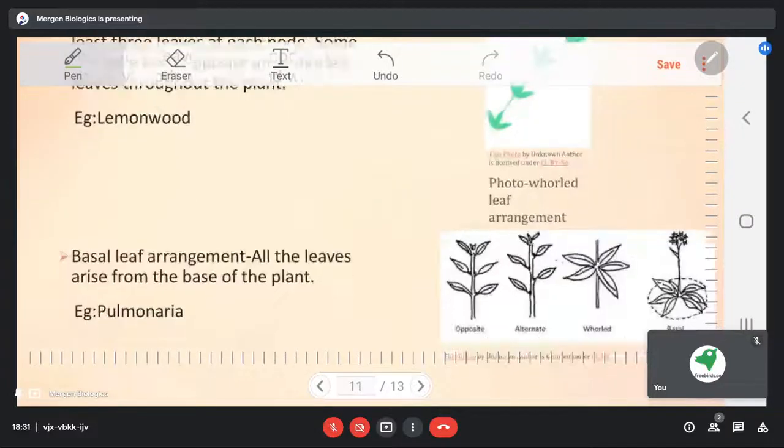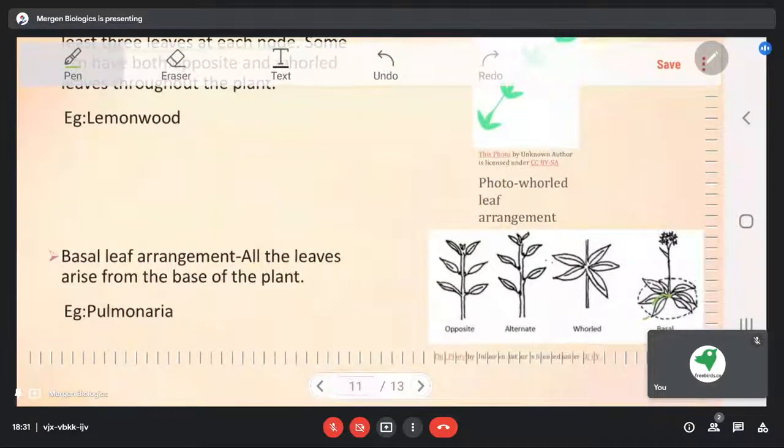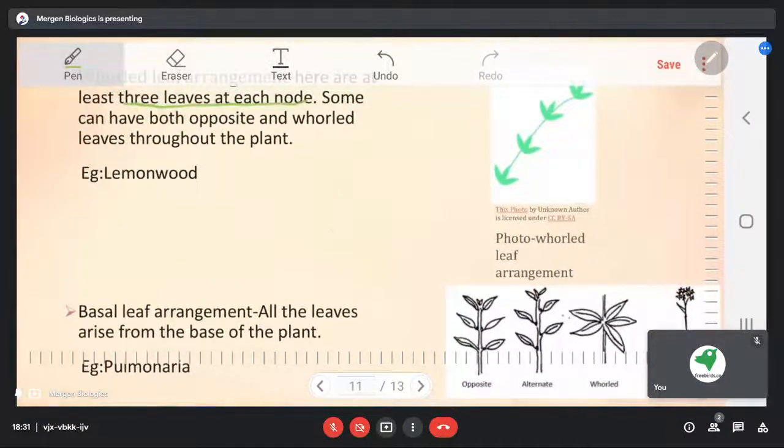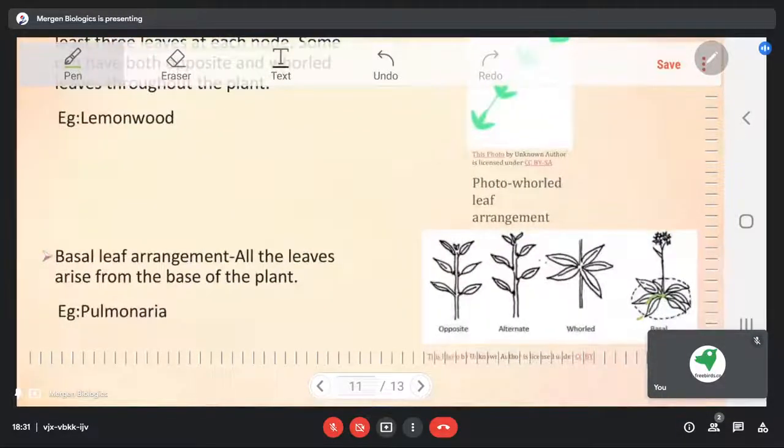Then comes the basal leaf arrangement. In case of basal leaf arrangement, all the leaves arise from one point of the plant, that is, from the base of the plant. Few taxonomists consider that the basal leaf arrangement is part of the whorled leaf arrangement, but there is a debate going on, so we will not get too deep into that topic.